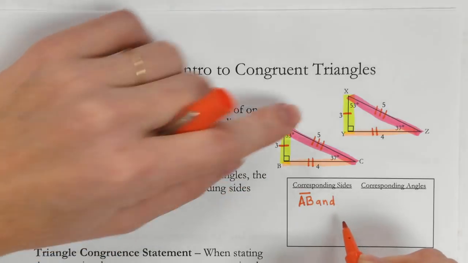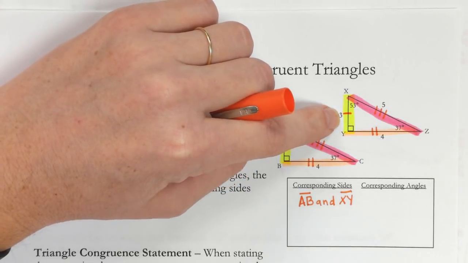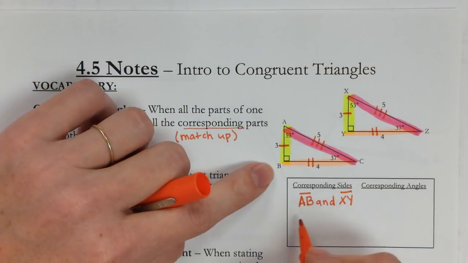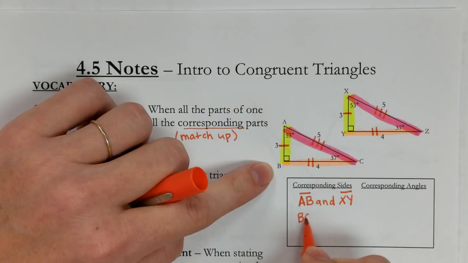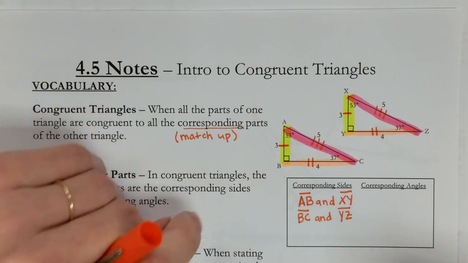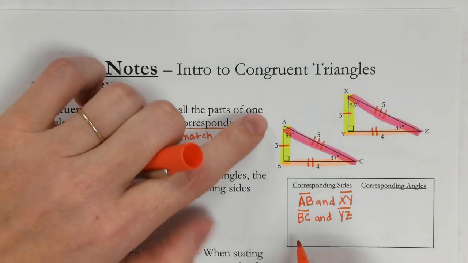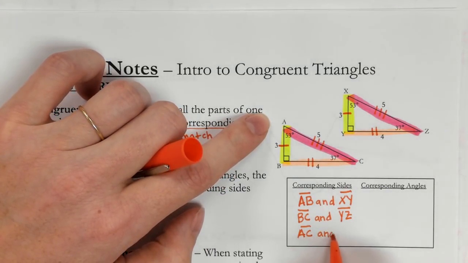And the side it's corresponding to is XY, and again it's a line segment. Then if I go to the orange side, or the 2 tick mark sides, I can say BC is corresponding to YZ, and there's not like a symbol for corresponding, so I'm just naming the sides that match up or are corresponding. And then I can say AC and XZ.